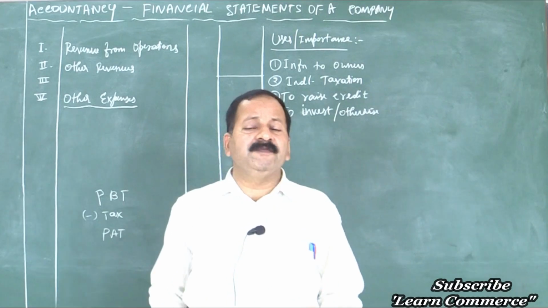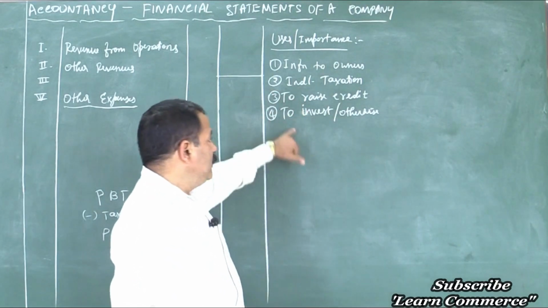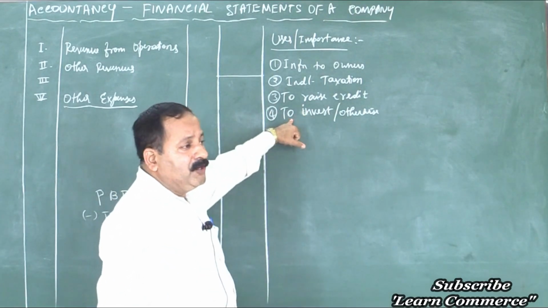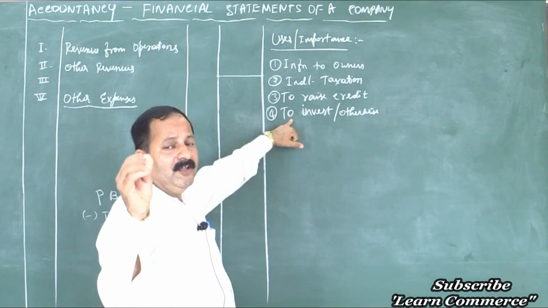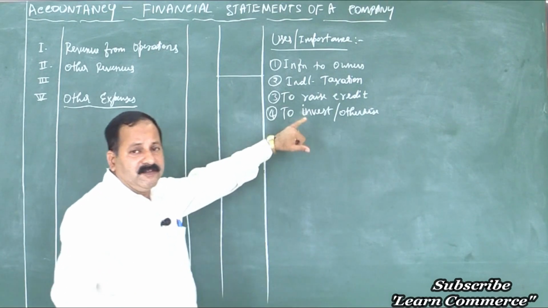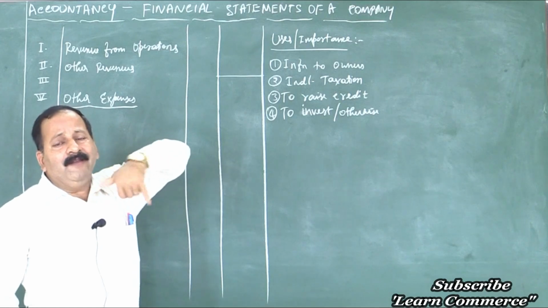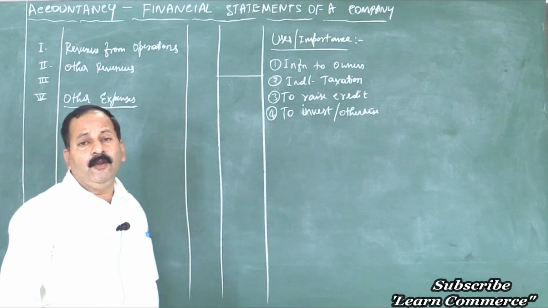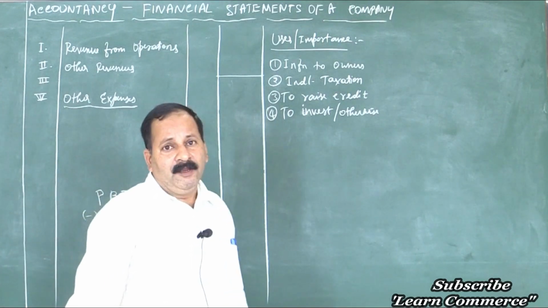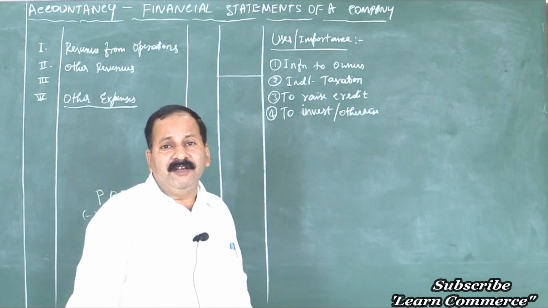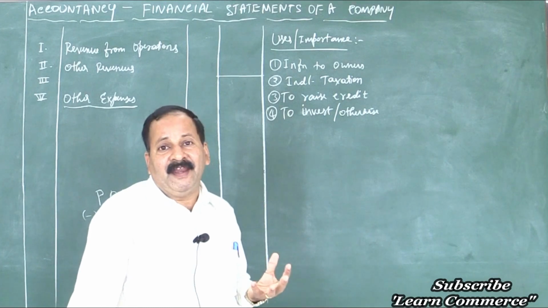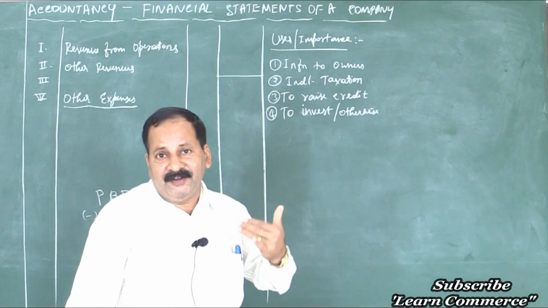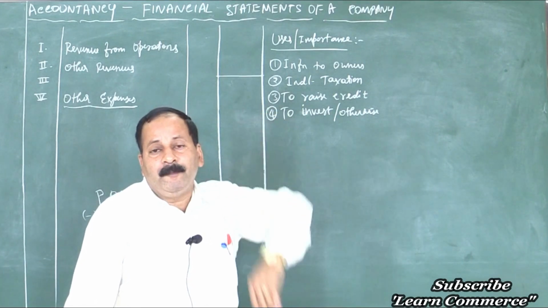So safety is very, very important. For that reason, if a company is a loss-making company, no one will be interested to buy the shares of such companies. Ultimately what happens, the company will not get the finance, or it has to go for costly finance, for which there will be a higher rate of interest, an exorbitant rate of interest should be paid, isn't it?